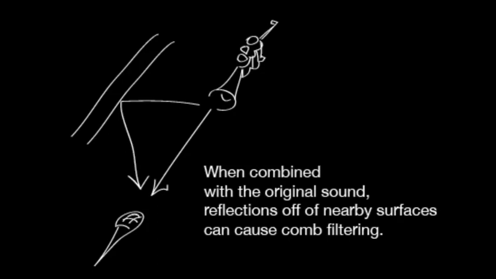That is combining a sound with a delayed copy of itself, just like we've done here. And there is a definite possibility you will get comb filtering in your recordings if you have this situation. So this is why we need to be so careful about any nearby flat surfaces when recording, because we will get comb filtering, and it's probably going to have a negative impact on our sound.